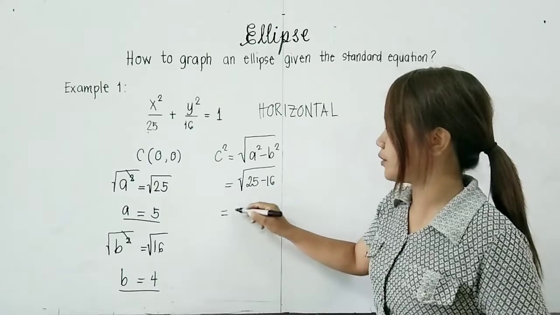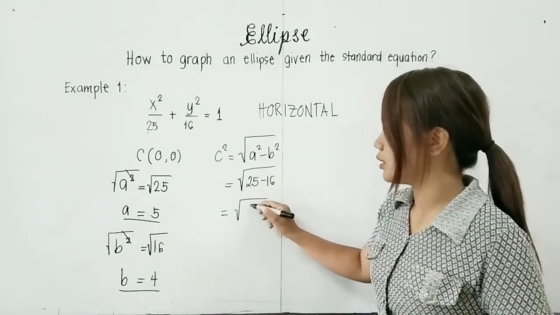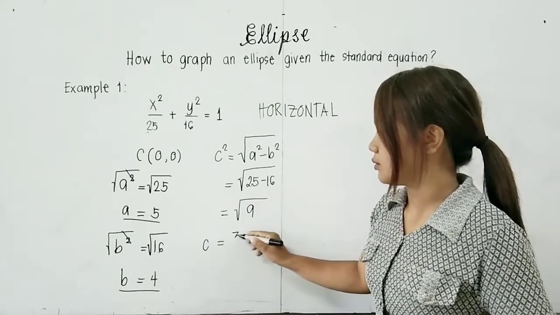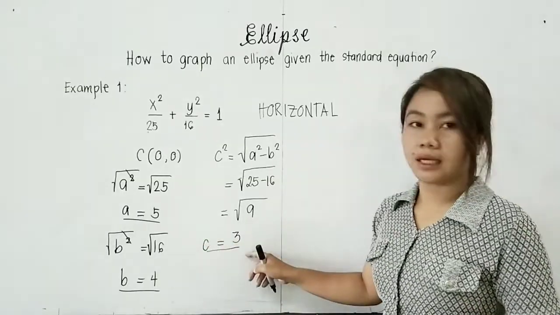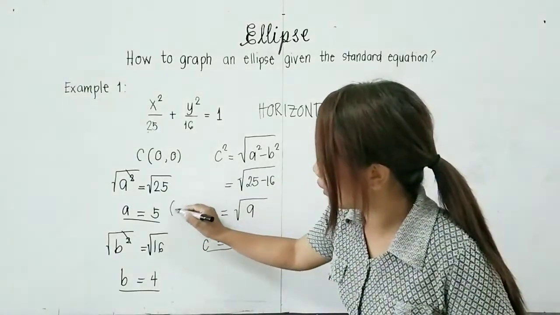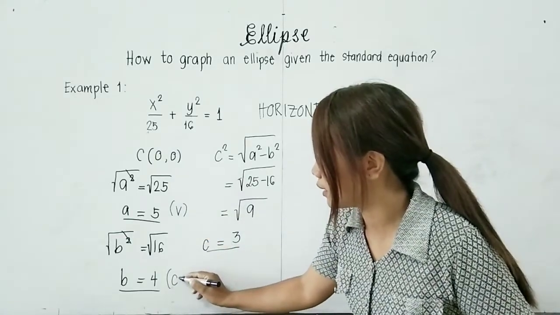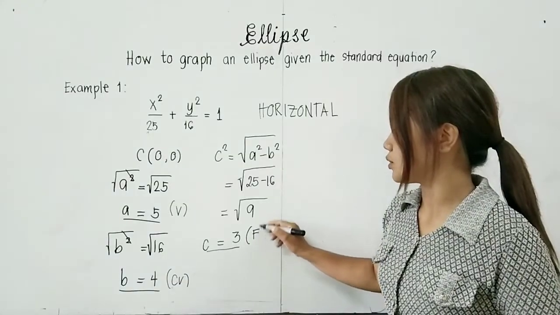So we have the square root of 25 minus 16, which is the square root of 9. c is equal to 3. So we have our values for a, b, and c. Our a is for the vertex, our b is for the co-vertex, and our c is for the focus.